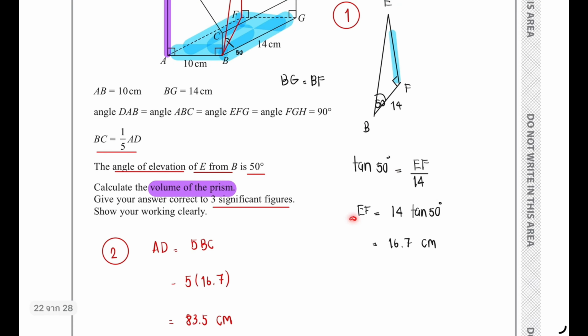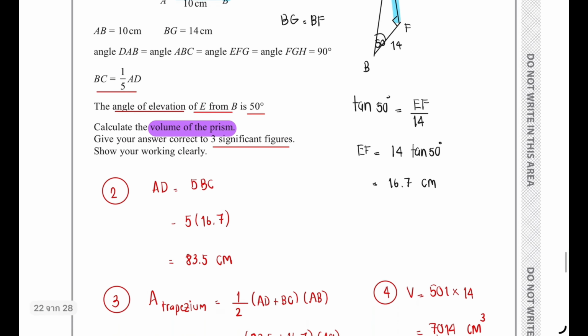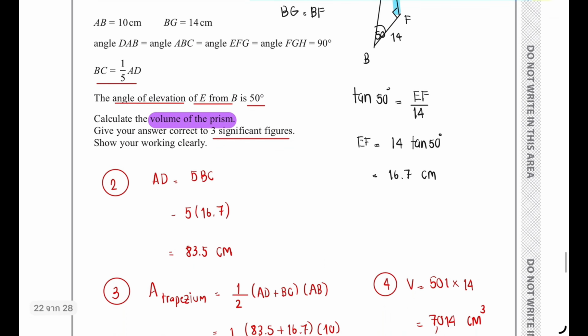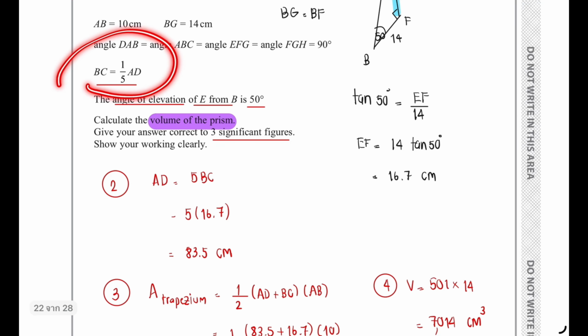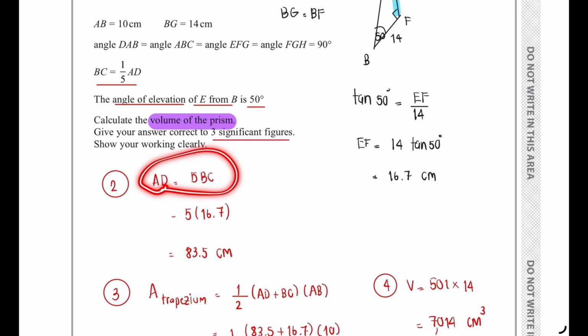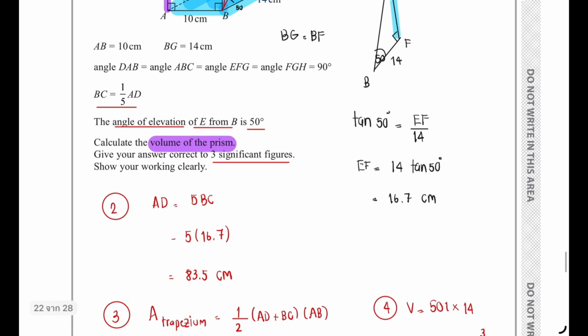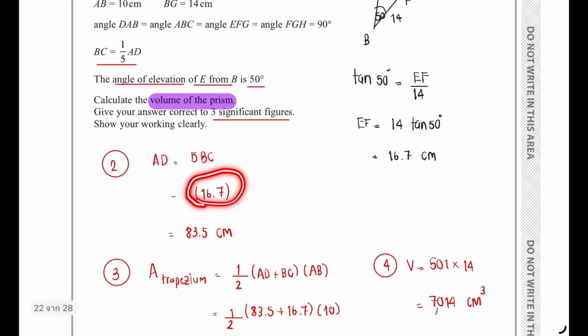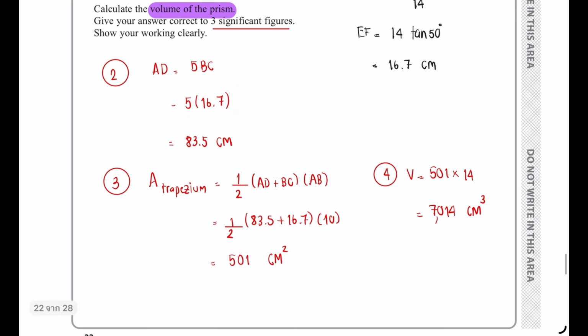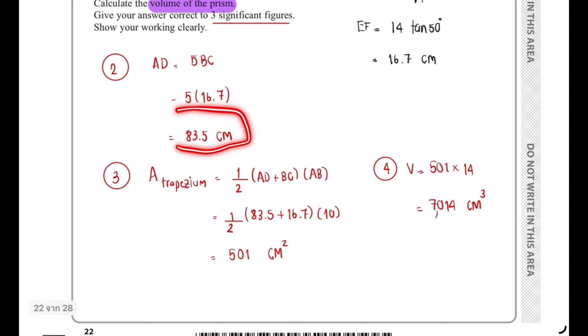So EF will be equal to 14 times tan 50 degrees, which is equal to 16.7 centimeters. Then we have from the question that AD equals 5 times BC, right? Now, BC equals EF, so I will have BC equal to 16.7. So therefore, AD equals 83.5 centimeters.